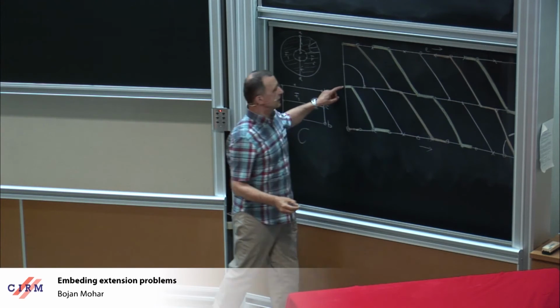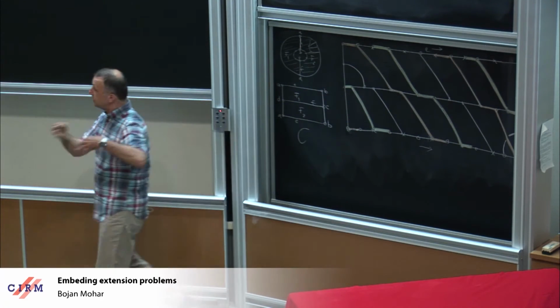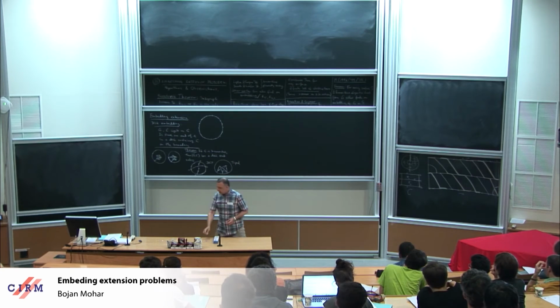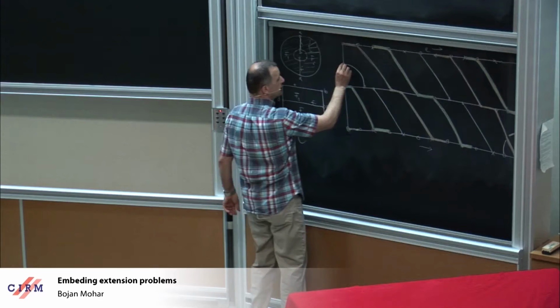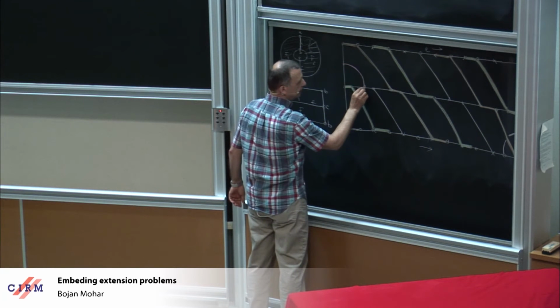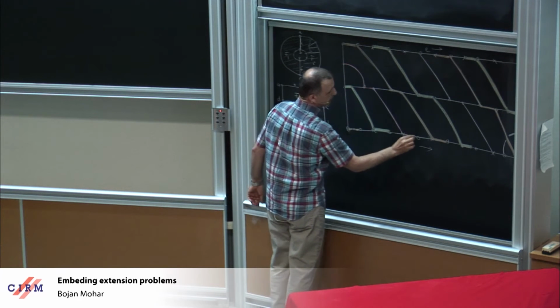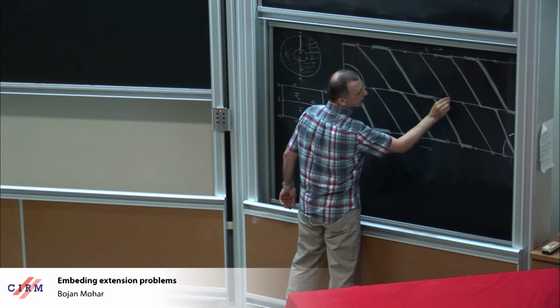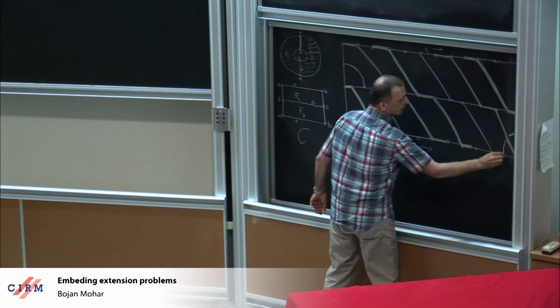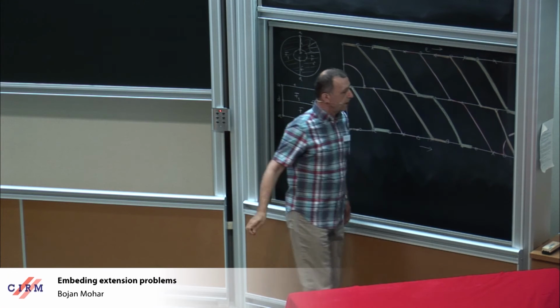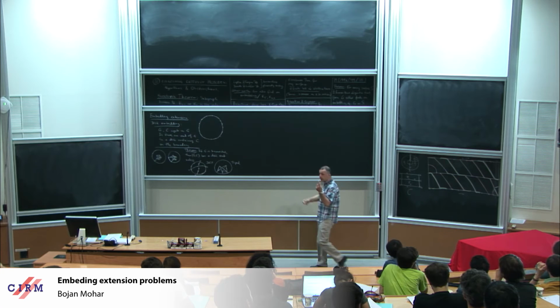So F joins the same 2 vertices, and E joins the same 2 vertices. And now you see what you get here is this path in the rest. So this is the same here. It's just one single subdivided edge.